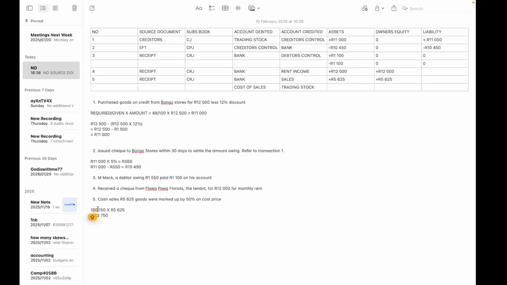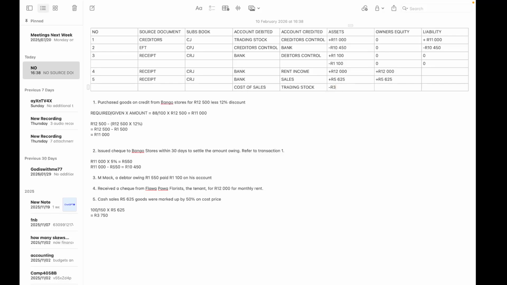Because 100 is the amount we are looking for, excluding markup. What we are given is 150, because it's the 100 plus the 50% markup, times the amount, 5,625, which gives us our cost of sales, 3,750.